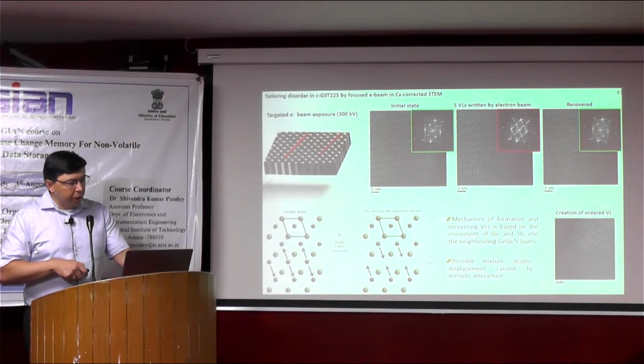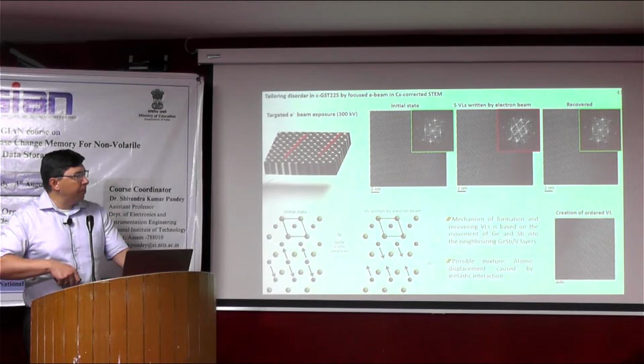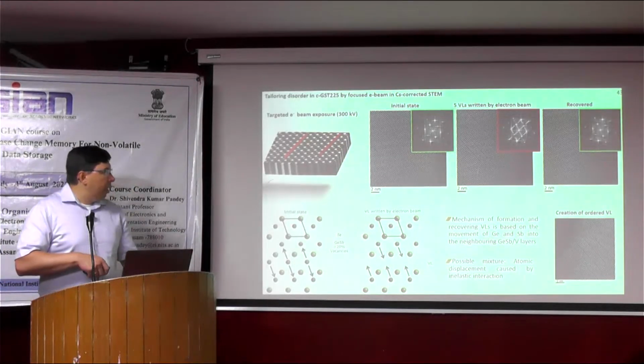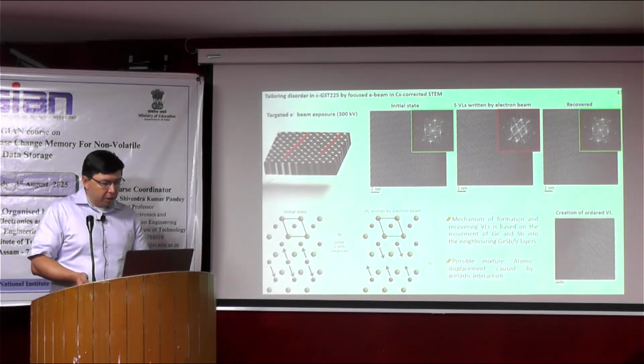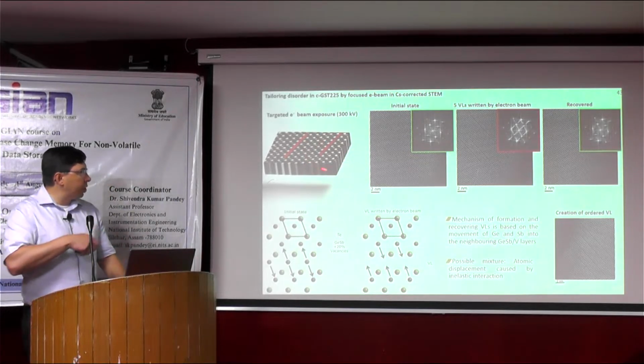By this, we can create different nanoscale structures in the material, like periodic vacancy layers, where we have building units with 5 tellurium layers, which corresponds to the 2 to 5 structure.